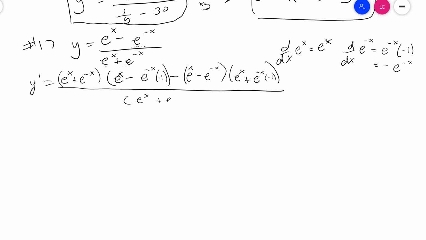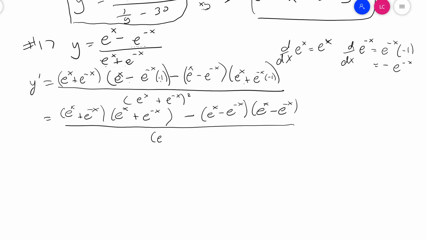Square the bottom, and off you go. All right, let's clean it up a little bit. These two negatives make a positive, minus e to the x minus e to the negative x. And then this negative comes in.